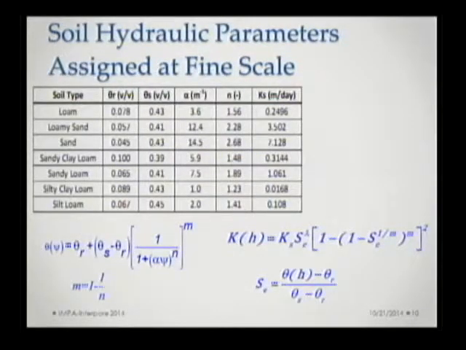So the soil hydraulic parameters at the fine scale were assigned randomly to each node in the domain. We use the Van Genuchten formulation for the soil retention curve. And these were the parameters: the residual and the saturation water contents, the saturated hydraulic conductivity, and the alpha and n were basically fitting parameters for the curves.